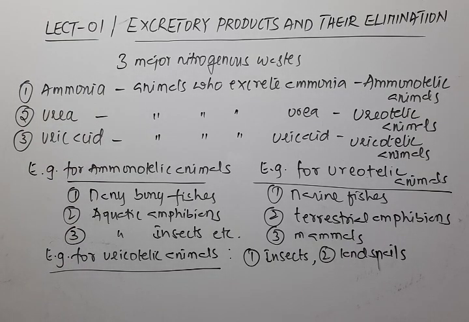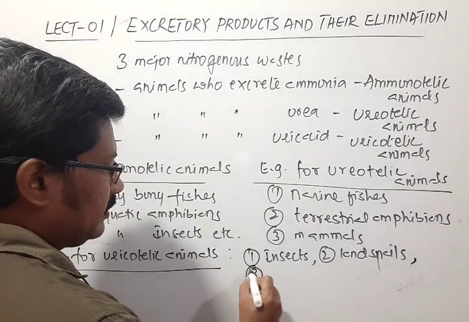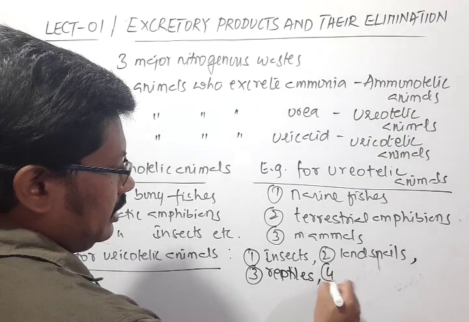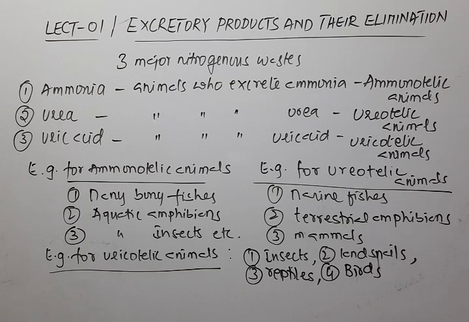There are others, aquatic also. So in case of land snails, they produce uric acid. Then the reptiles and birds. So all these will be releasing the nitrogenous wastes in the form of uric acid.